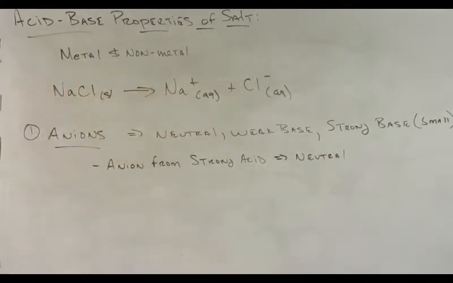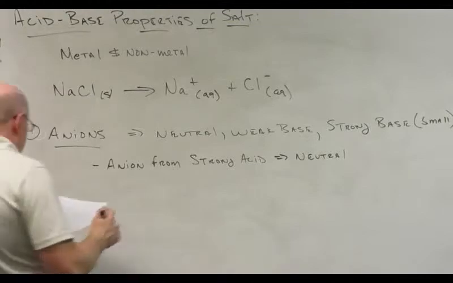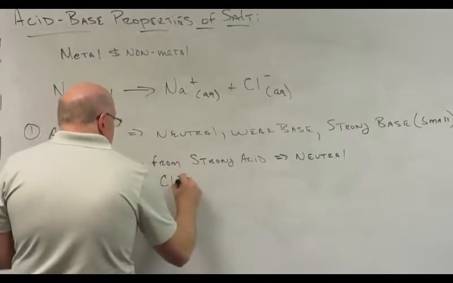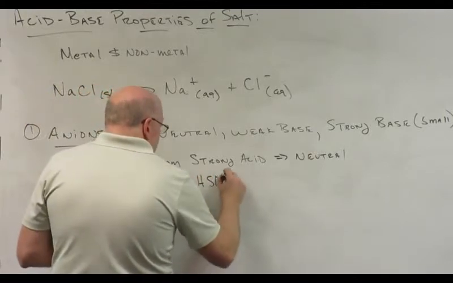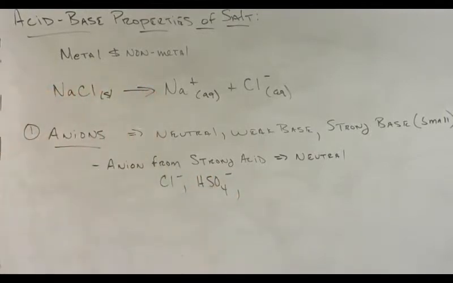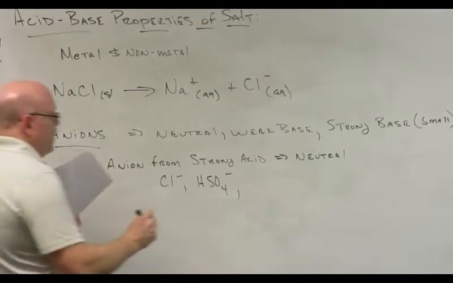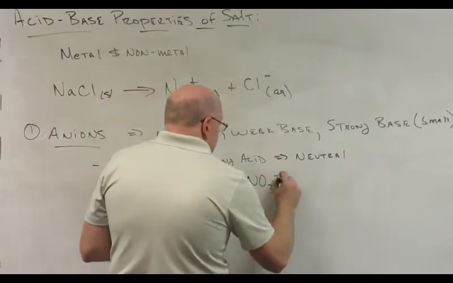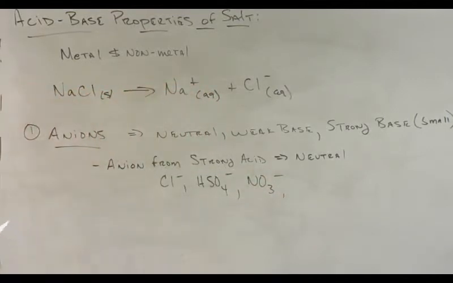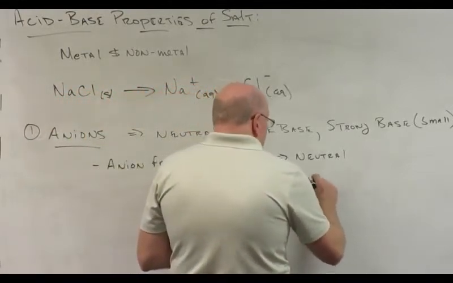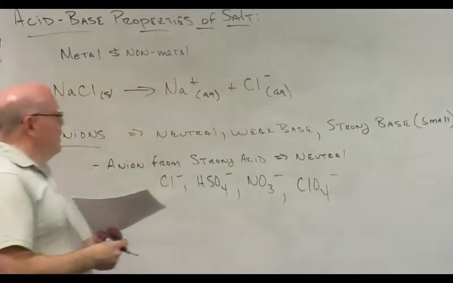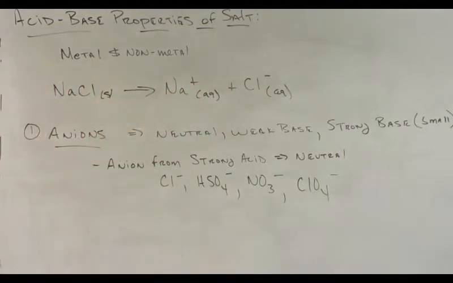The anions of strong acids, the back half of the strong acids, are the chloride ion, the hydrogen sulfate ion, the nitrate ion, chlorate ion, et cetera, et cetera.